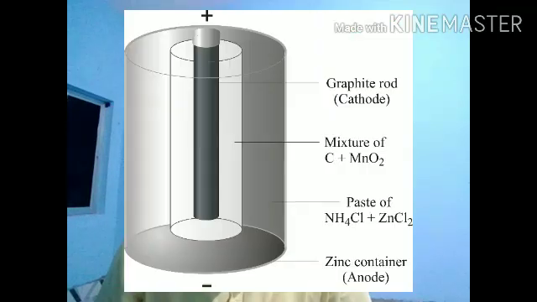Around the carbon rod, chemicals are spread, chemicals are filled. These chemicals are powder of carbon and manganese dioxide.